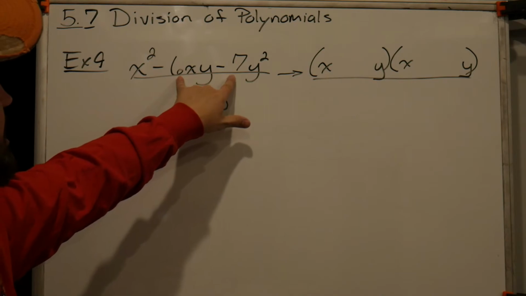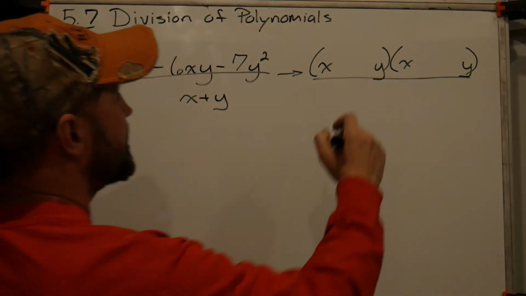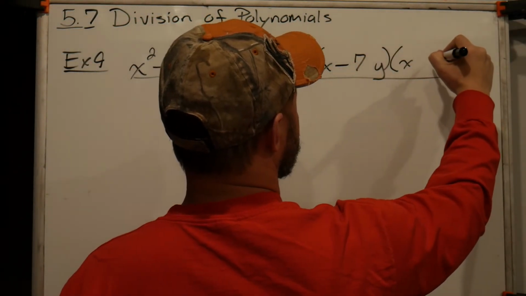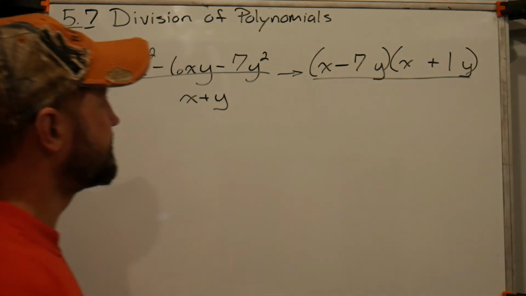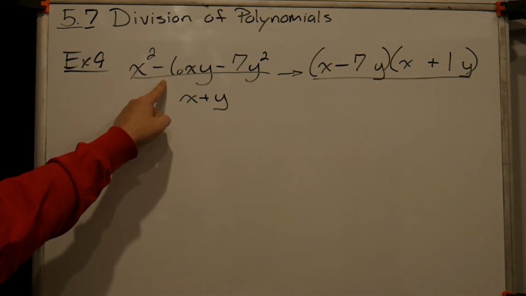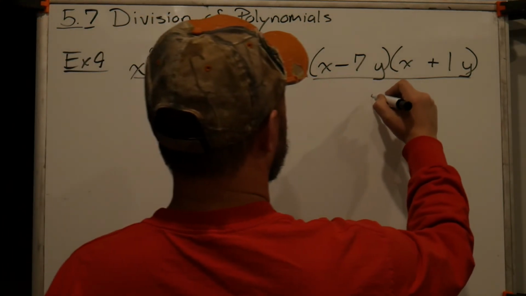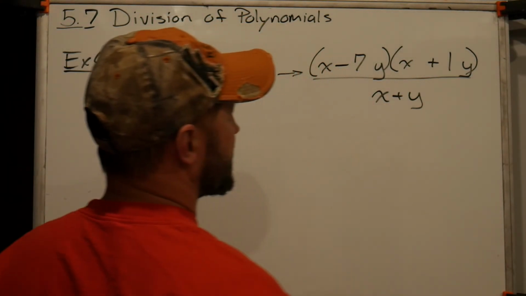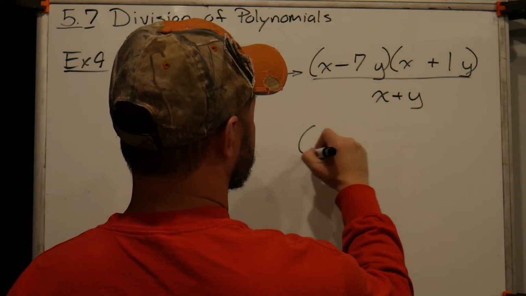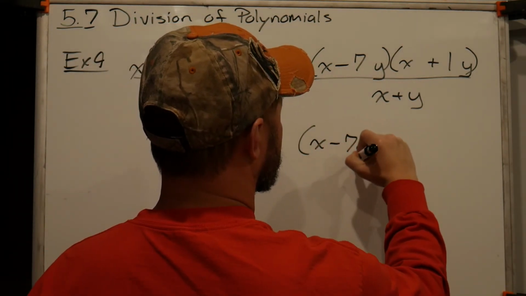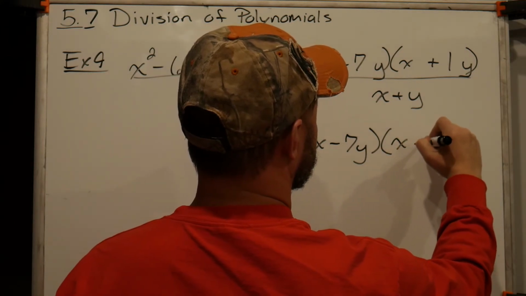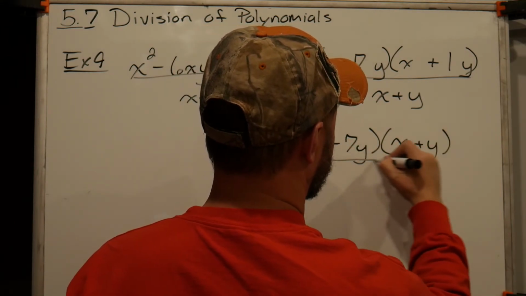Now we deal with just our numbers, our 7 and our 6. So we have a -7 and a +1. That'll give us a difference of -6, and it'll give us -7 multiplied together. Put that over x plus y. Now, I'm just going to rewrite it to clean it up since this is a short video. What we have, you never have to write the 1.